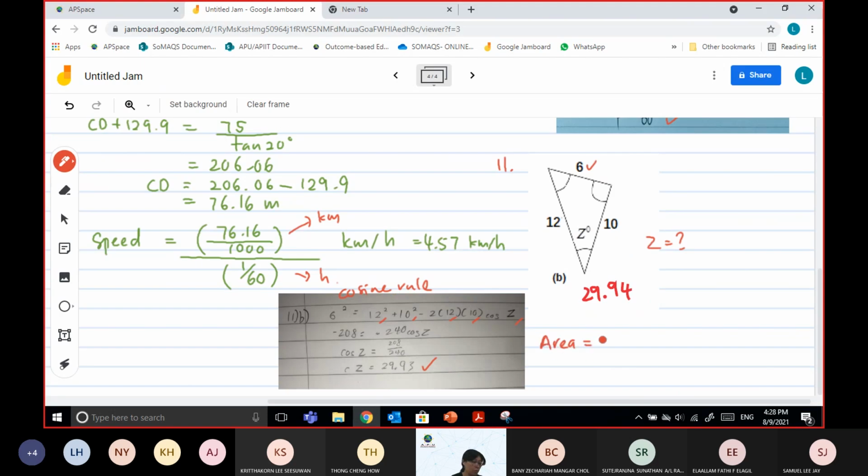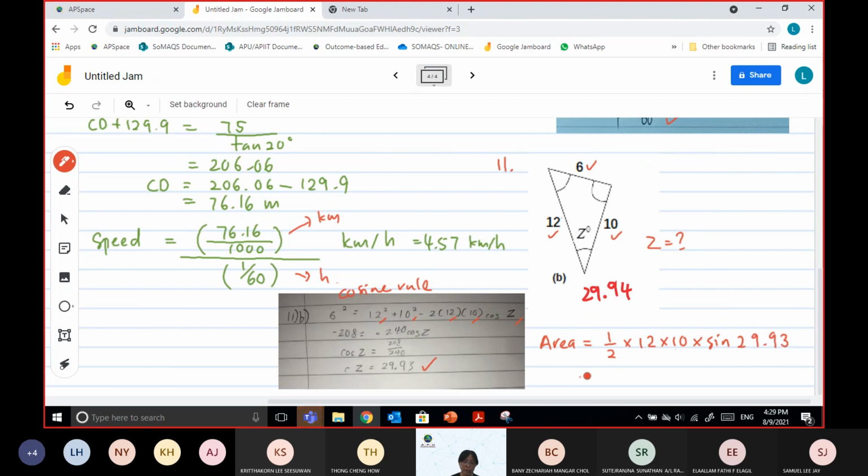So area equals 1/2 multiplied by the two sides, 12 and 10, then multiplied by the sine of the angle 29.93.